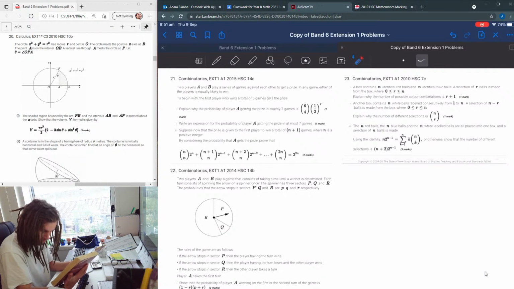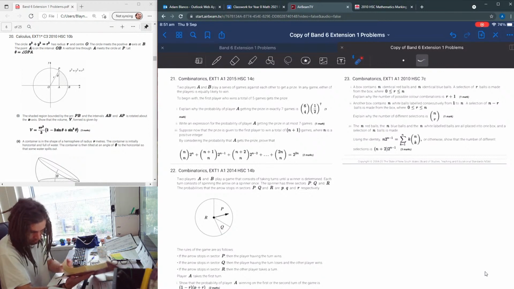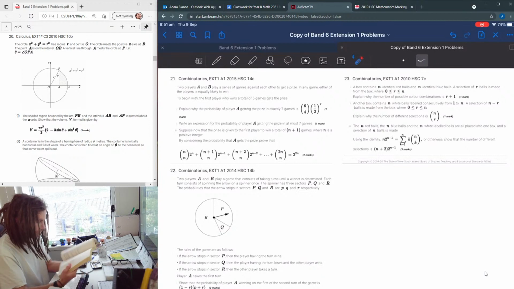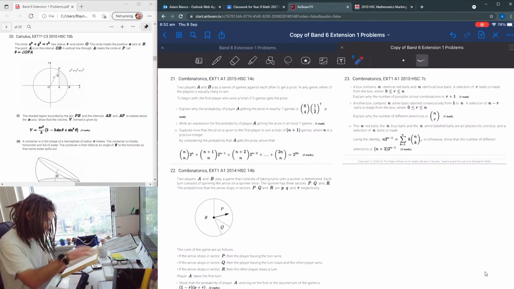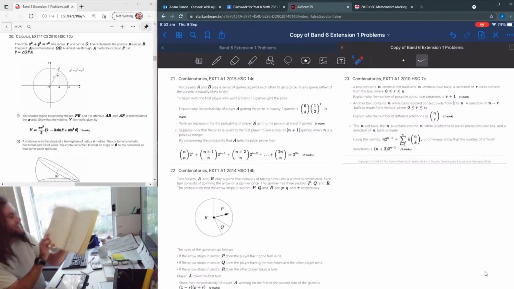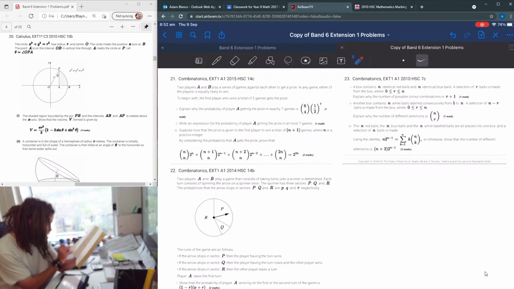Integration. Volumes of solids of revolution. Yeah, there's your solids. There's phases.